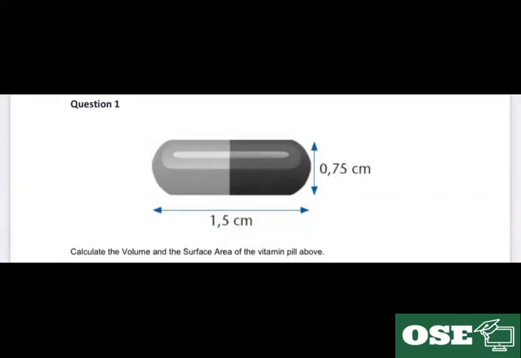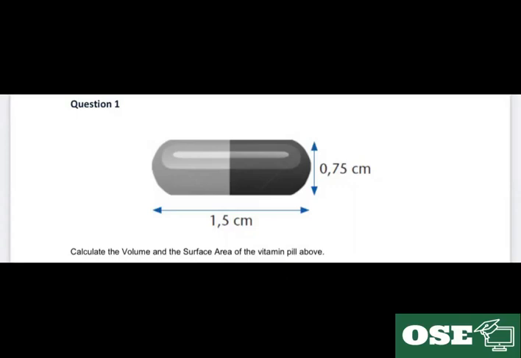Okay, let's start. Before we start, you must first think how you're going to navigate this question, or think of the shapes that you have. Remember, sometimes you need to break the shape apart in order to see what shapes it is made out of.